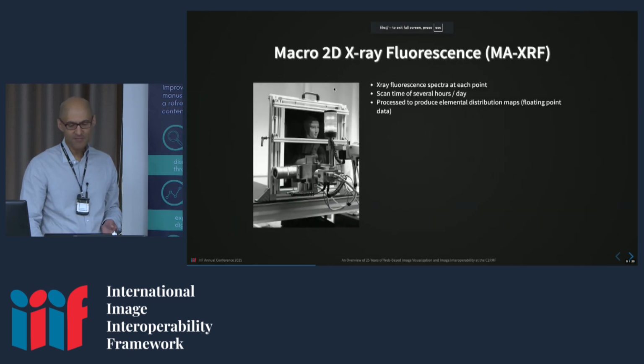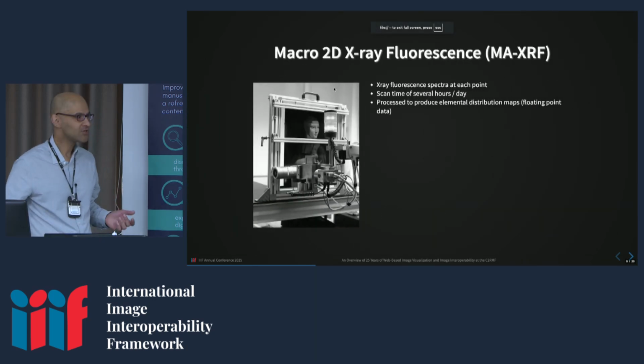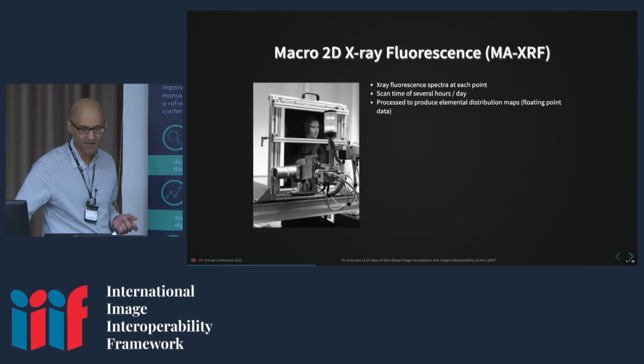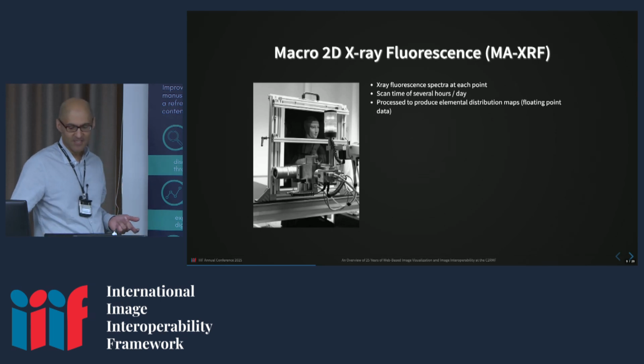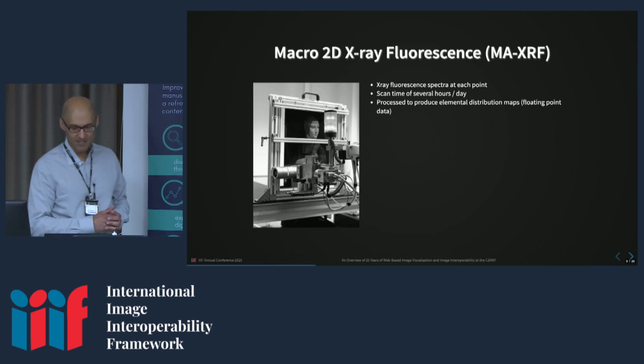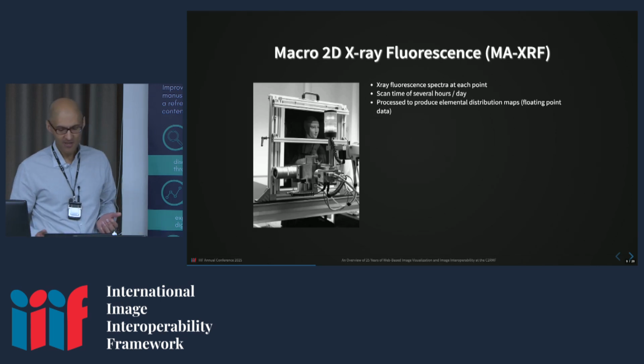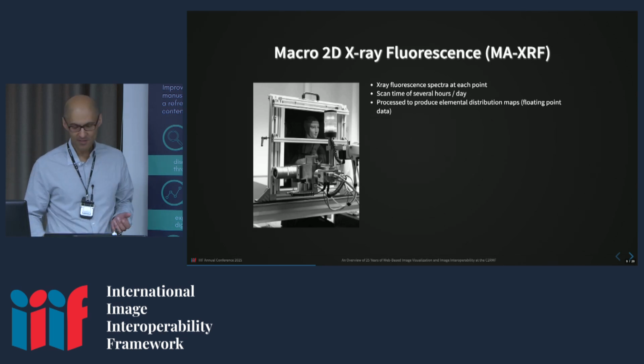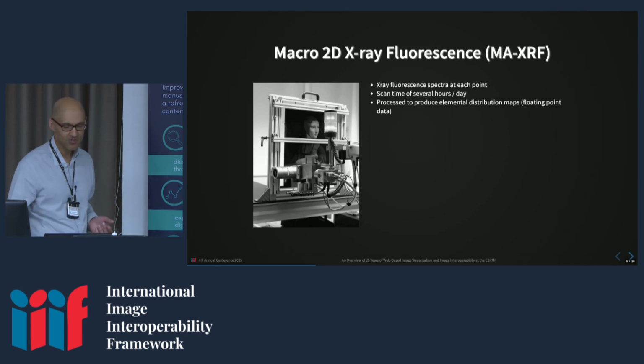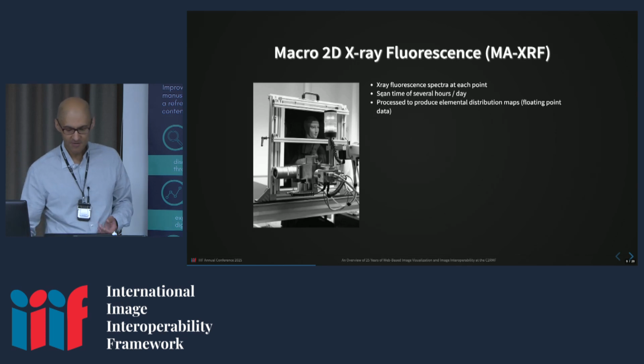Similarly, something that's become more and more used in the heritage science field is macro 2D XRF. In this kind of case, you're doing X-ray fluorescence at each point on the painting, and you're making a mapping which shows you the elemental distribution at each point. So this has become something widely used within the heritage science field.